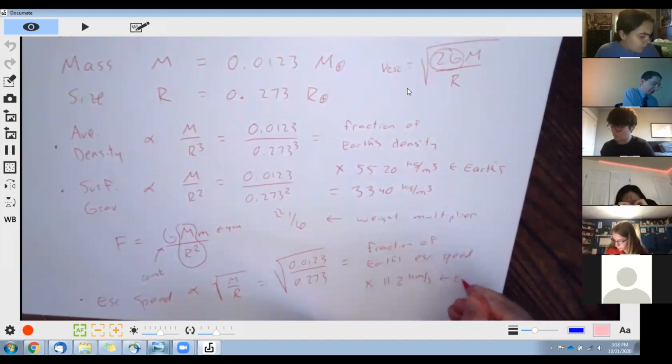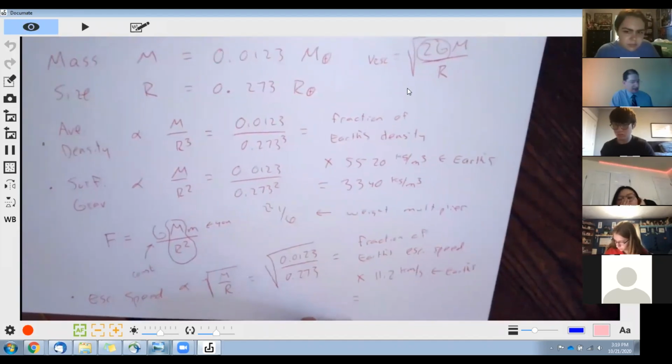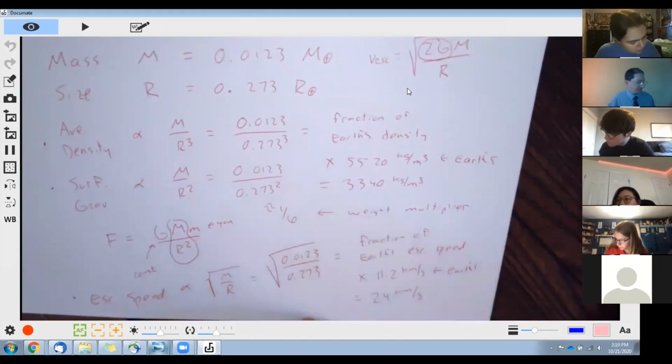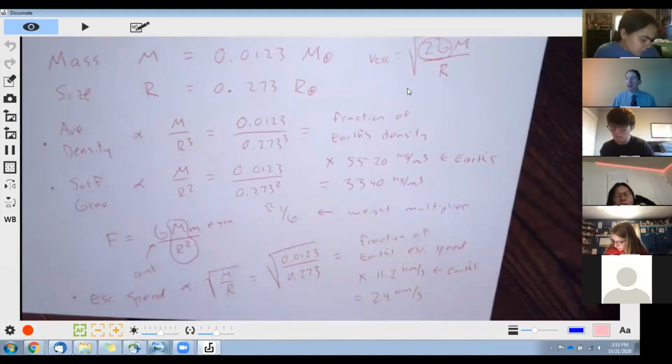Again, that's the value for Earth. And with the moon, you get 2.4 kilometers per second. So you see with the moon, it takes much less to get off. If you think back to the Apollo missions, to get off the Earth and go to the moon, it took a Saturn V rocket, the biggest rocket we ever built.